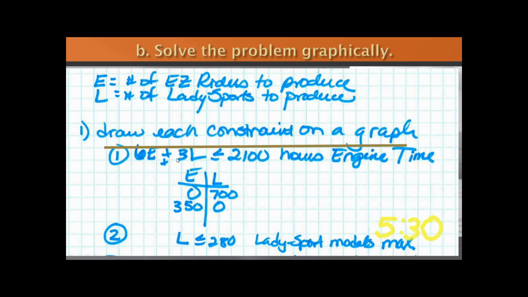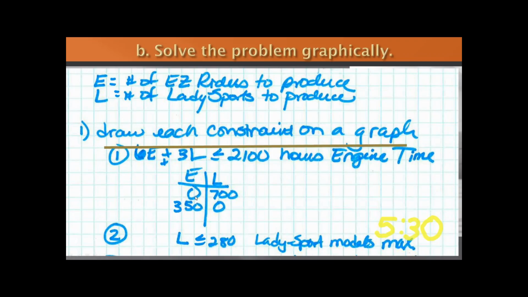So to draw a line, what do you need? You just need 2 points to draw it. So the easiest thing to do is to draw 1 point on the y-axis and 1 on the x-axis. So when E is 0, that means we're on the L-axis. So we have 3L equal to 2,100, or L equals 2,100 over 3, which equals 700.